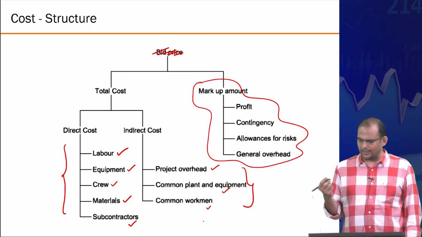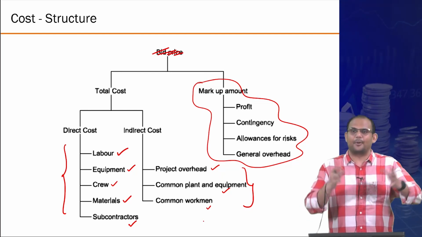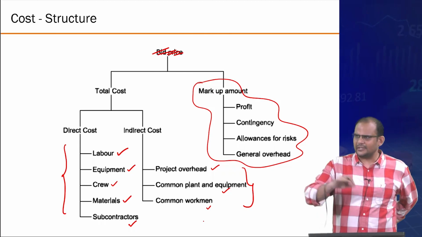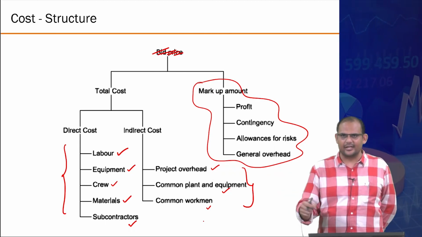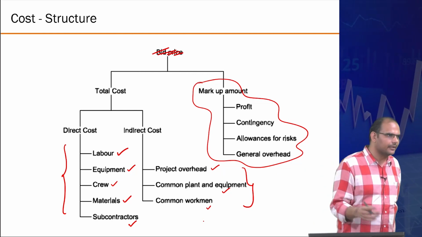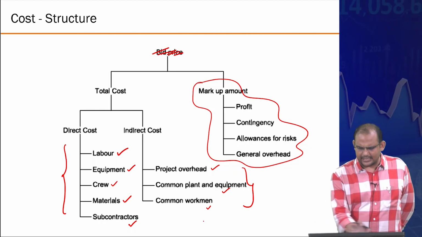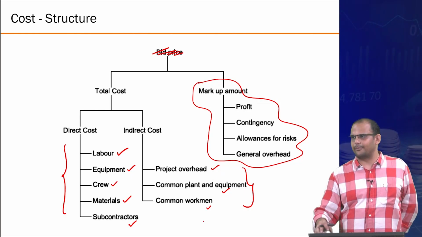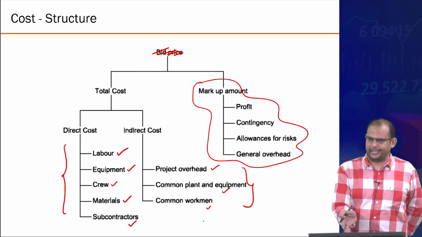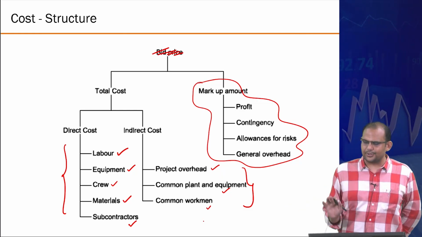Some specialized machinery, for example, or a project manager, let's say, who is overseeing everything. They are not attributed to any specific activity, so they are also considered in the overhead and sometimes in the indirect cost. This is a general structure. Depending upon how granular the information you have, you could attribute some to here and there. This is the generic structure we follow. Any questions so far?